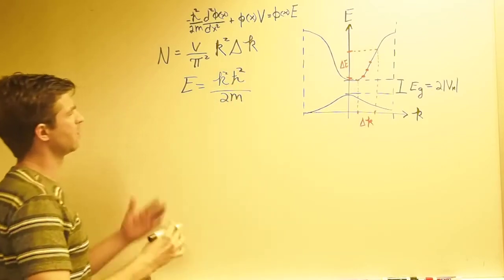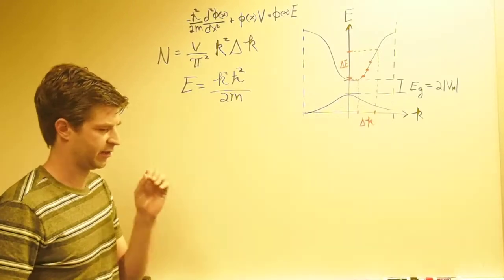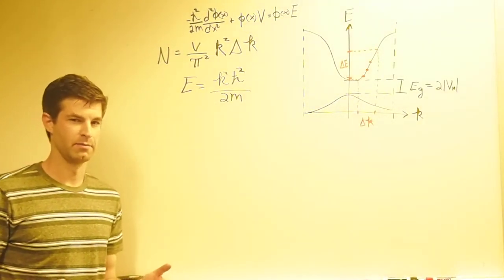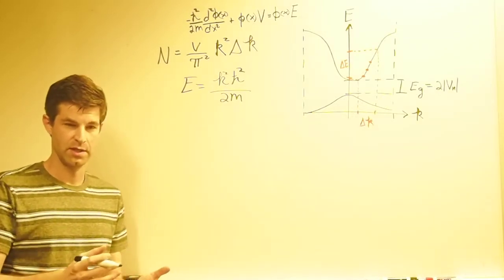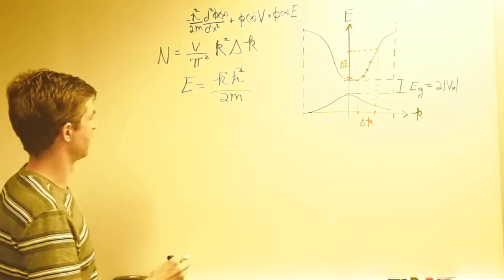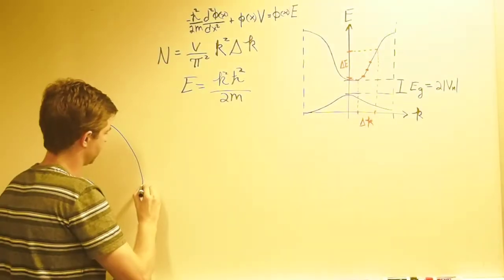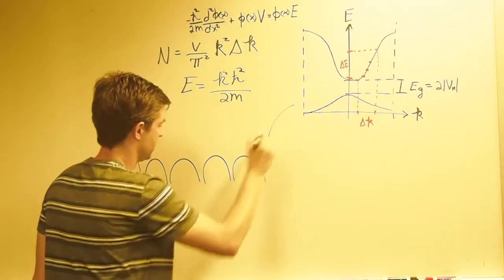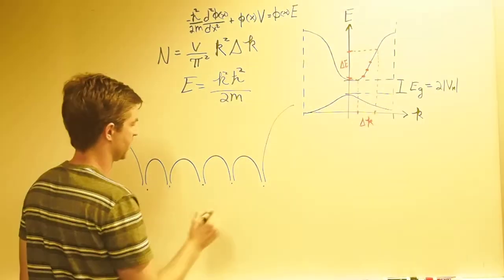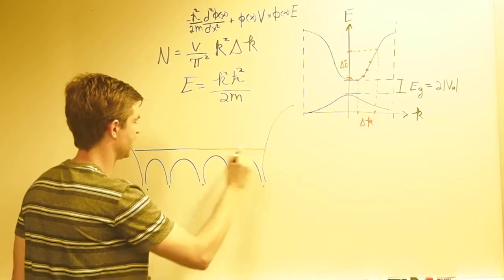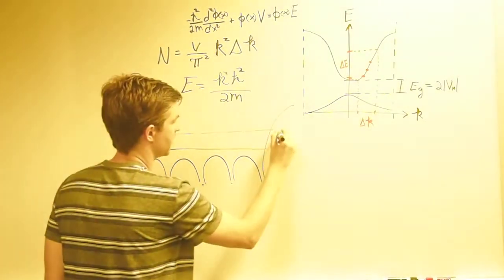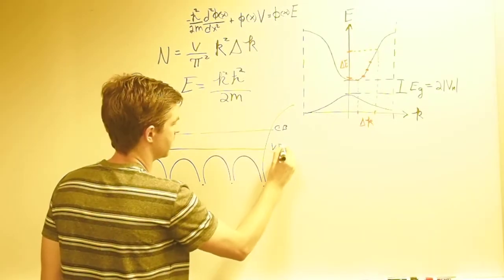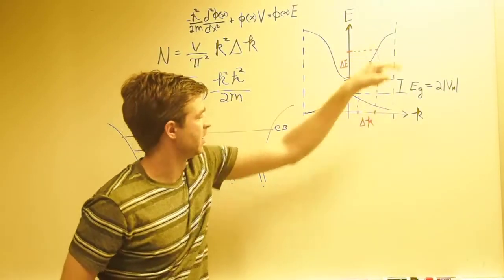And just to kind of review where that comes from, in a semiconductor crystal, obviously we do have some potential that's resulting from each atom that it's going past in the crystal, and it looks something like this. And this is like the Kronig-Penney model here. Here's each atom, each point, and inside here, we have a conduction band and a valence band, a conduction band, valence band, and in K space that would be this band right here.